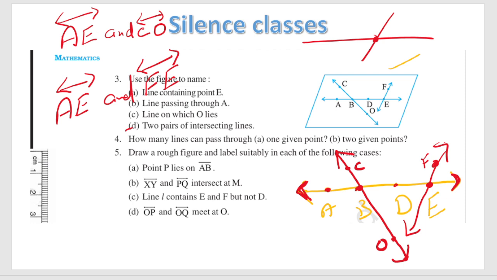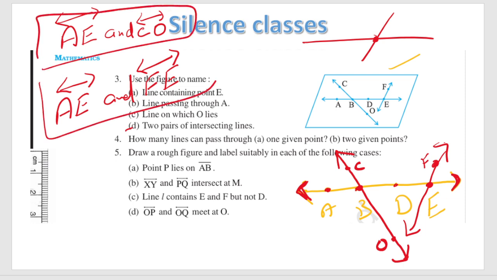So like this we got the first pair and we got the second pair. First pair is AE and CO, the second pair is AE and FE. These are the intersecting lines. I hope you guys understood.